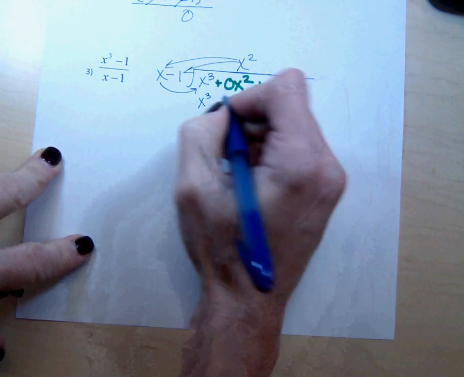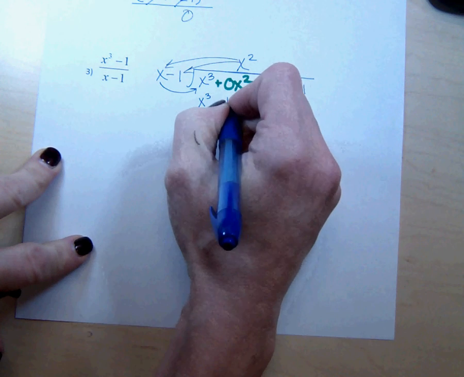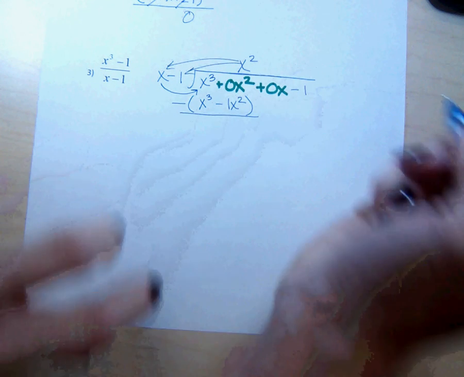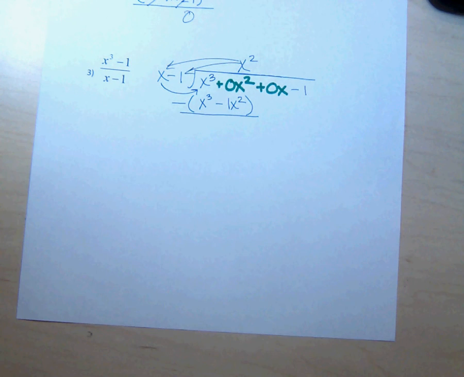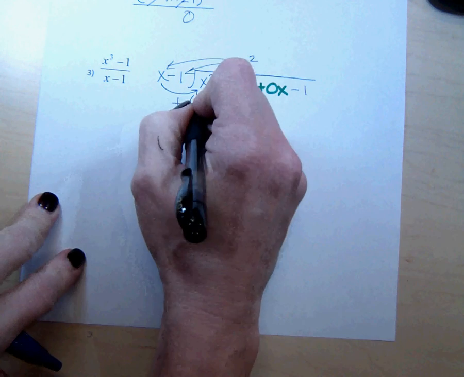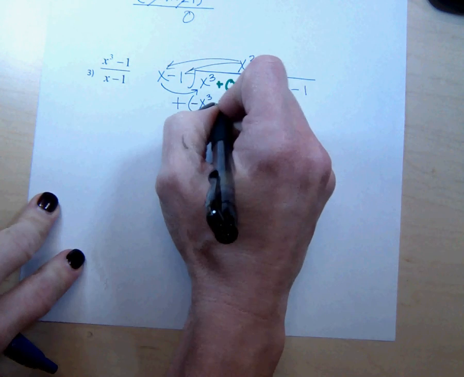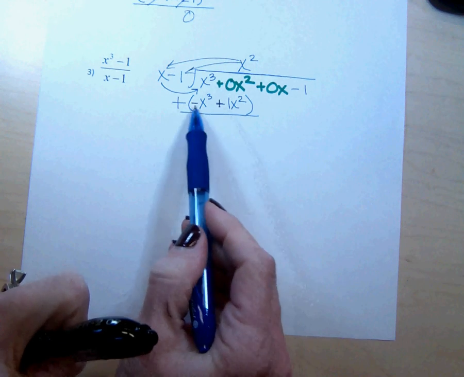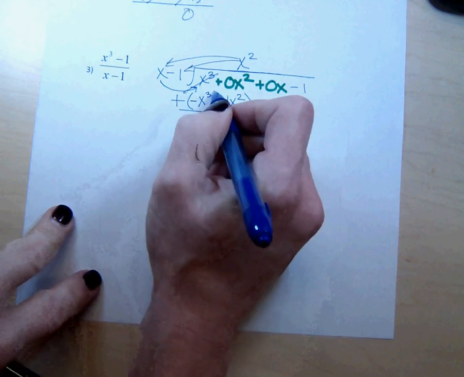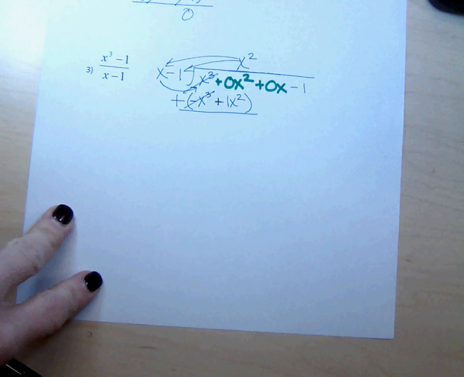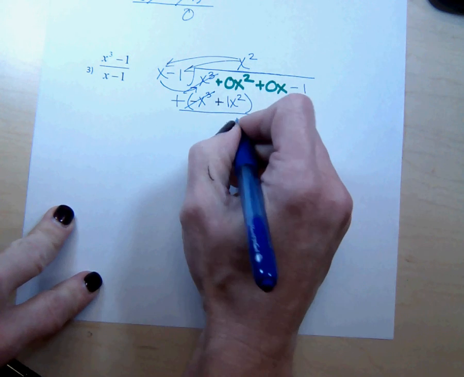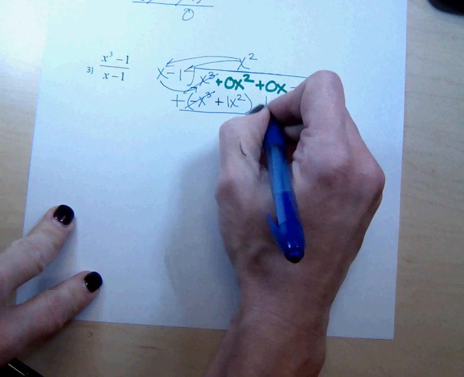X squared times negative 1 is minus 1x squared. And I am subtracting this whole thing. So this is plus negative x cubed and plus positive 1x squared. Notice the signs change. So that is 0. And then I have 0x squared plus 1x squared is just 1x squared.